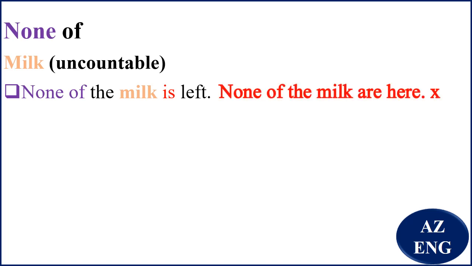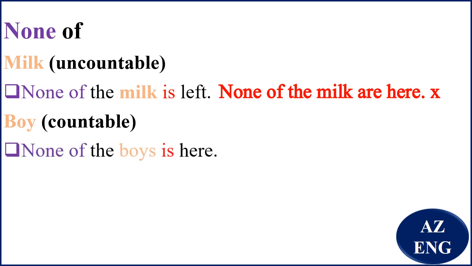But it is not correct to say none of the milk are here. But if you take the word boy, boy is a countable noun. This means that you can say one boy, two boys, three boys, and so on. So to say none of the boys is here, this is correct. You can also say none of the boys are here.